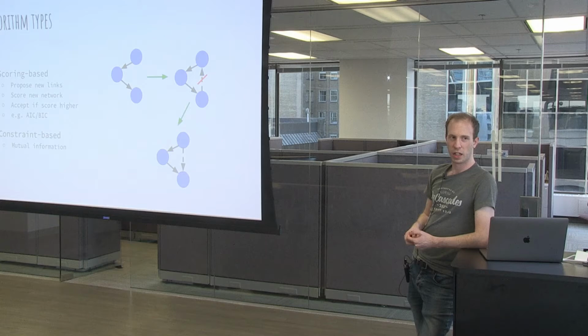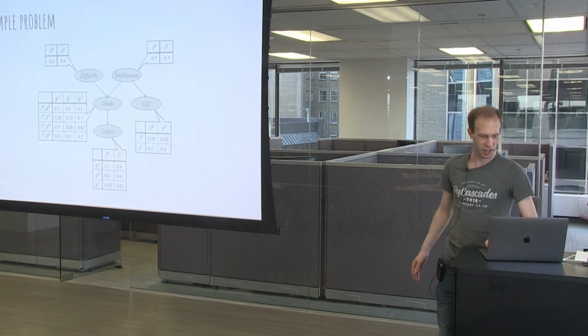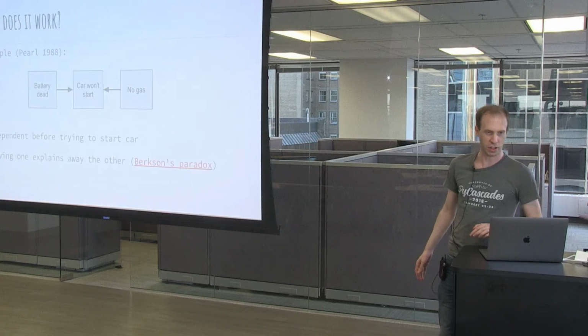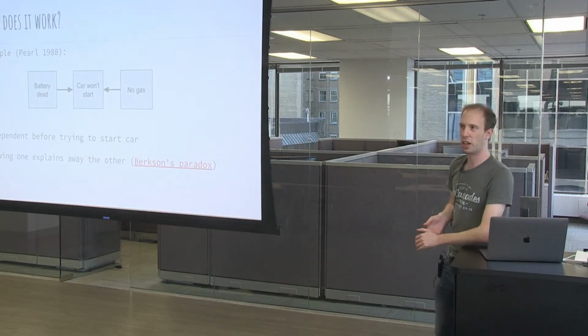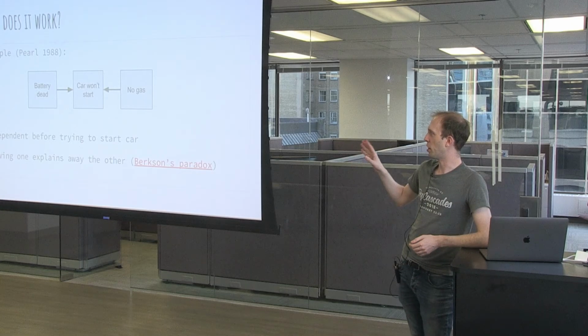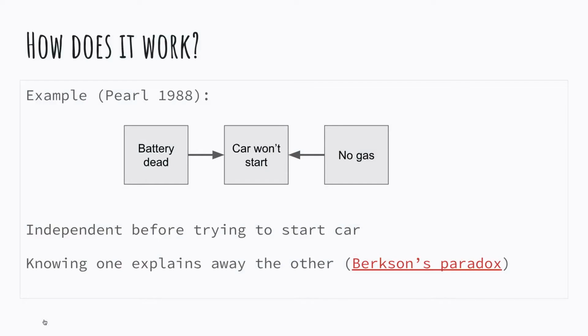You used a phrase in passing that I've heard in this context before, and I've never quite understood exactly what it means, and it seems to mean something more precise than its everyday usage, and that is explain away. Can you explain what that means in words of one syllable? Yeah. So the idea is that if I haven't started my car yet, or if I haven't seen whether my car's started or not, then whether I have no gas or whether my battery is dead are independent of one another.